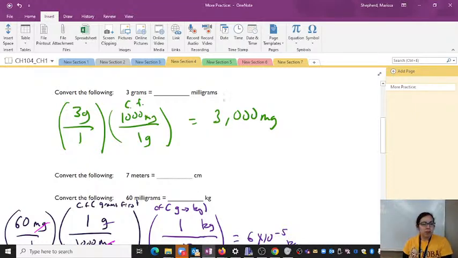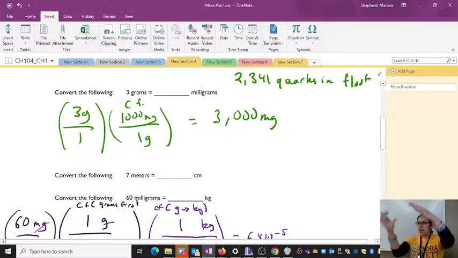The conversion factor tells you the relationship between milligrams and grams, and it could be anything. We're just using these nice units, but I could say there's 2,341 quarks in a floof. That gives you your new conversion factor, your relationship, and then you can set it up appropriately. Does that make sense?